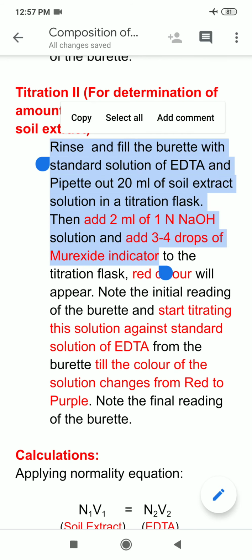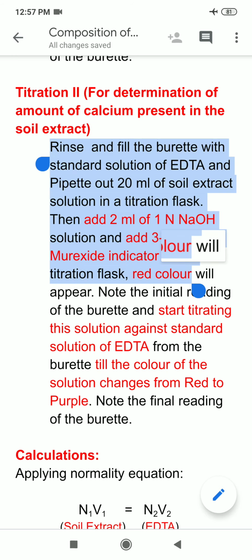Now, in place of Eriochrome Black T we use murexide indicator. Upon adding murexide to the titration flask, we get a red color due to the formation of the calcium indicator complex of murexide.